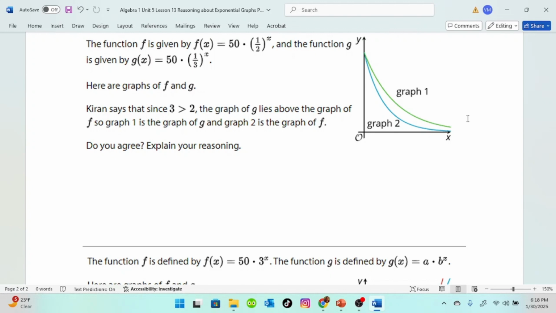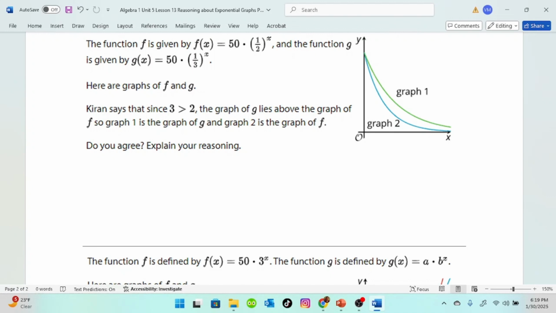Here are graphs of f and g. Kieran says that since 3 is greater than 2, the graph of g lies above the graph of f. So graph 1 is the graph of g, and graph 2 is the graph of f. Do you agree? Explain your reasoning.